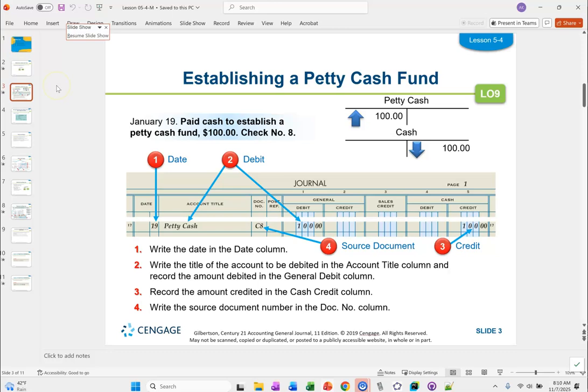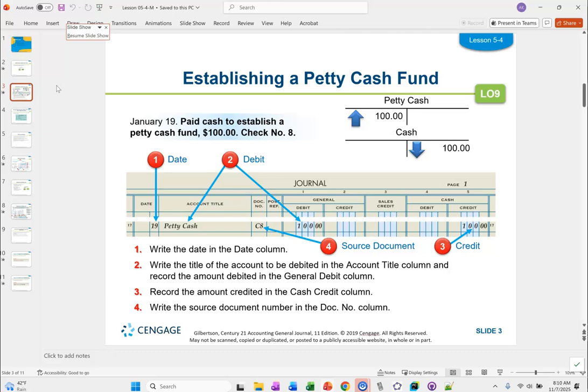To journalize that, the transaction would read: paid cash to establish a petty cash fund, use check number 8. So petty cash receives $100 in cash, and your cash account loses $100 in cash. The debit is to petty cash. The credit is to cash.